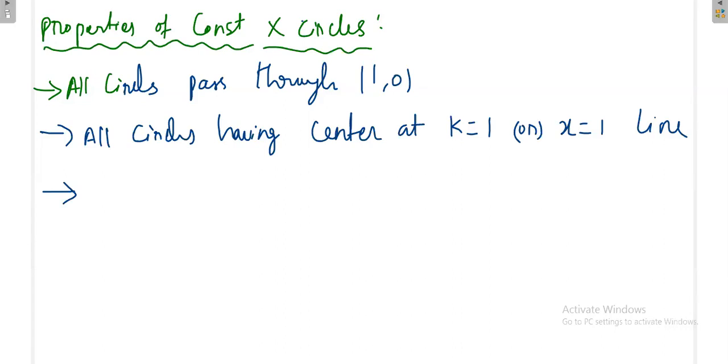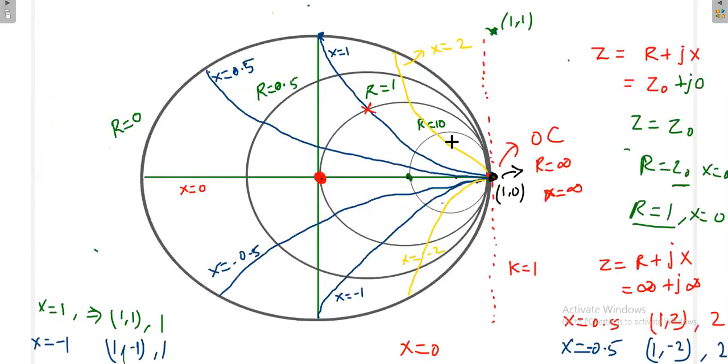Okay, next. Once if you observe the upper portion of this one, the upper portion consists of positive value of x. Okay, so positive value of x is 0.5, 1 or 2 like that. So if your impedance consists of positive reactance, then that will come above the base axis. Okay, the x-axis is the base axis. If your impedance consists of negative reactance like r minus jx, then that will come in the bottom portion.